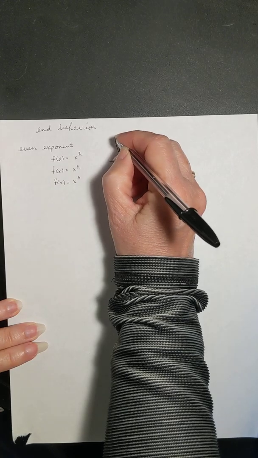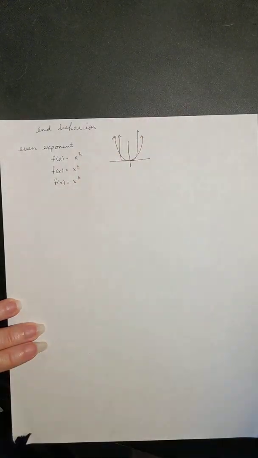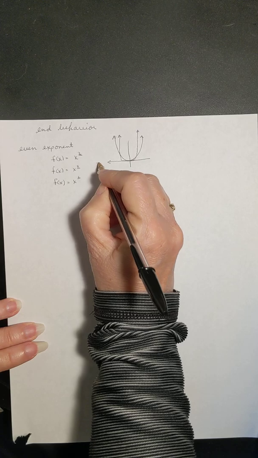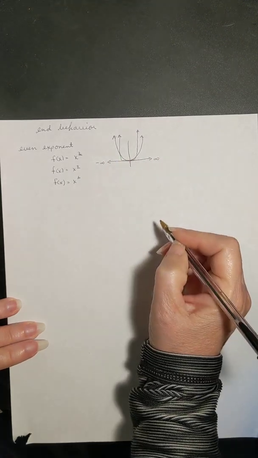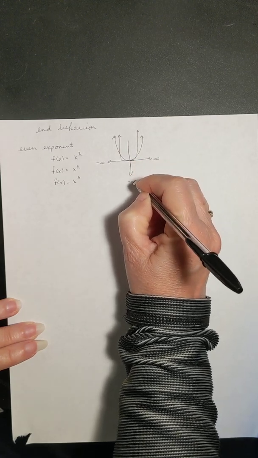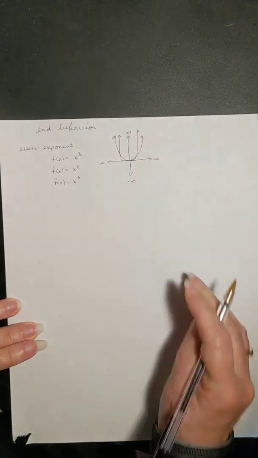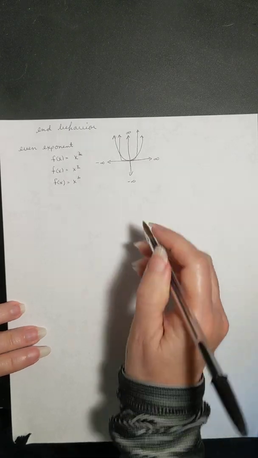Now notice on this one, no matter how I do it, it's always going to be going up. Remember, this is where x goes towards negative infinity. This is where x goes towards infinity. Down here is where y goes to negative infinity, and up here is where y goes to infinity. Now, we don't call it y anymore, though.